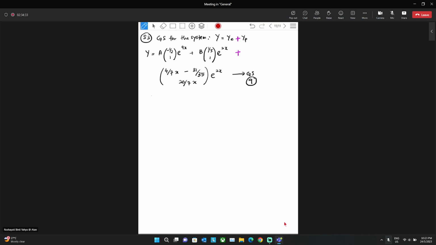Step 4, particular solution, given that y of 0 equals 1, 0. So here is x, here is y1, here is y2.